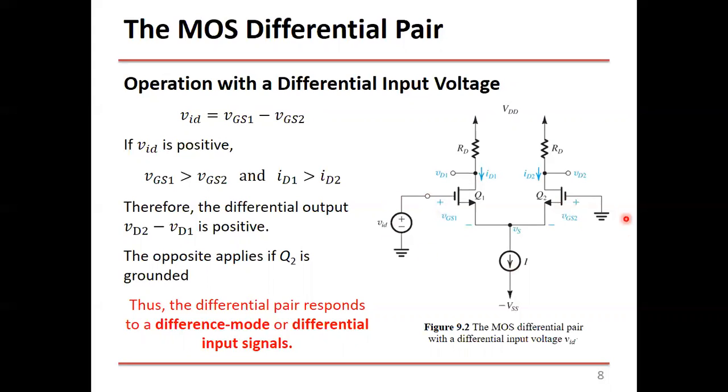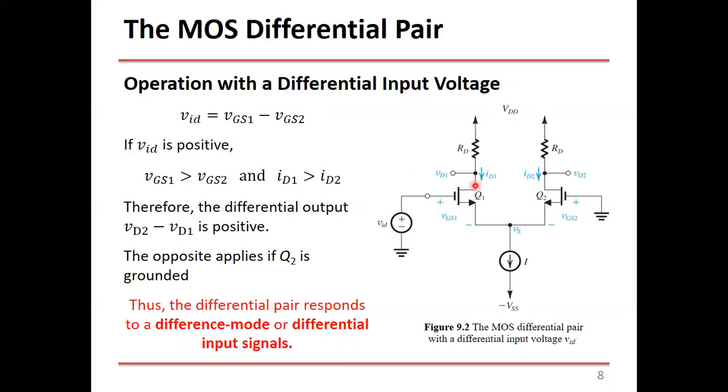So the difference between VG1 and VG2 is V input differential. If V input differential is positive, that means you have higher voltage on this side than this side. So this side has a higher input and this one has a lower input.